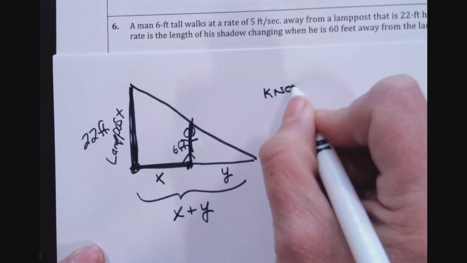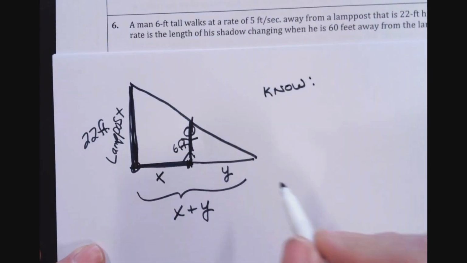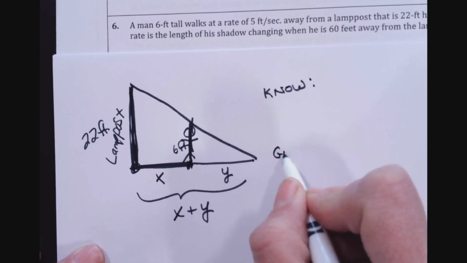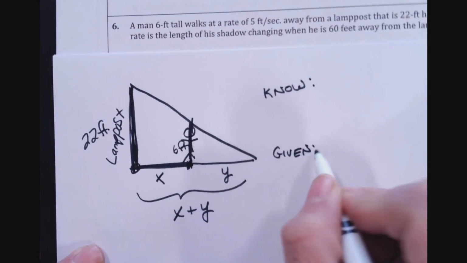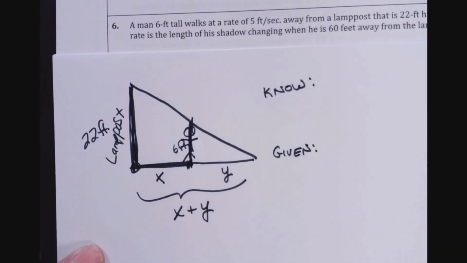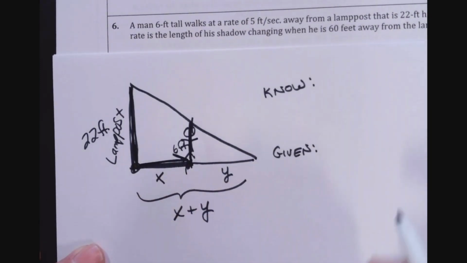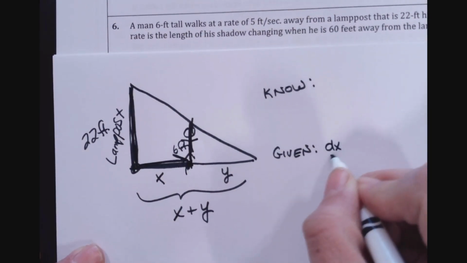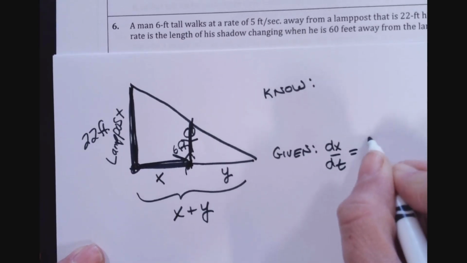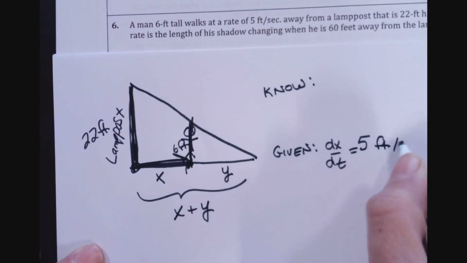I'm going to hold off on the no for just a minute. And let's see, what are we given? A 6 foot tall man walks at a rate of 5 feet per second away from a lamppost. So this distance here is increasing. So we're given that dx/dt is 5 feet per second.